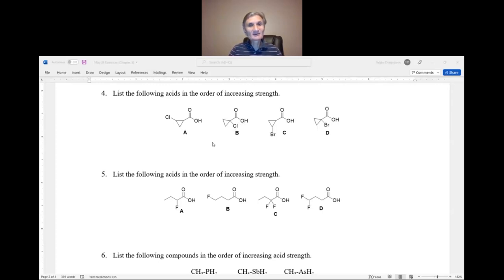And now when we look at these four, we have chlorine or bromine as substituent. In case of bromine, compound C, that's going to be the least acidic species. So if you're providing answer, C is going to be first because bromine, if you look at number of bonds, how far it's removed from this hydroxyl oxygen, it's 1, 2, 3, 4 bonds.